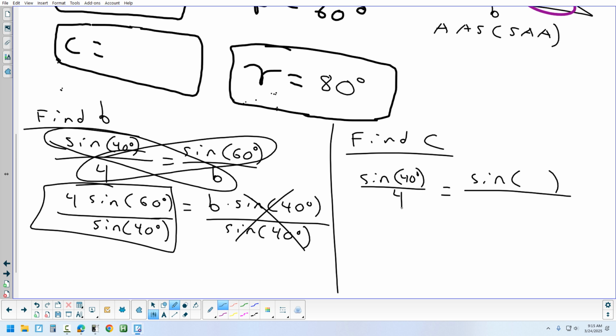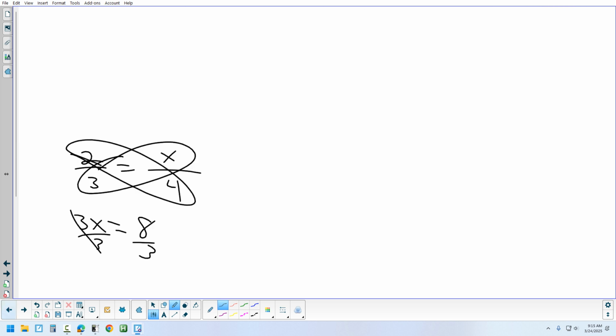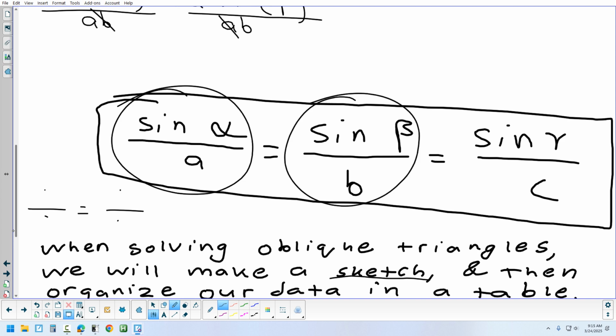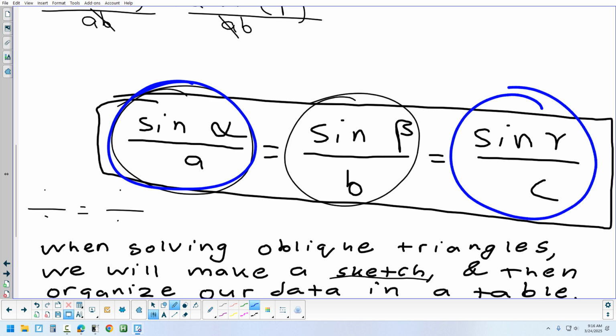But this time, we're solving for C. So we are not using the part of law of sines that has a B in it. We're using that because it was given. And we're using that because we want to find C. So that's what you're going to set up this time.